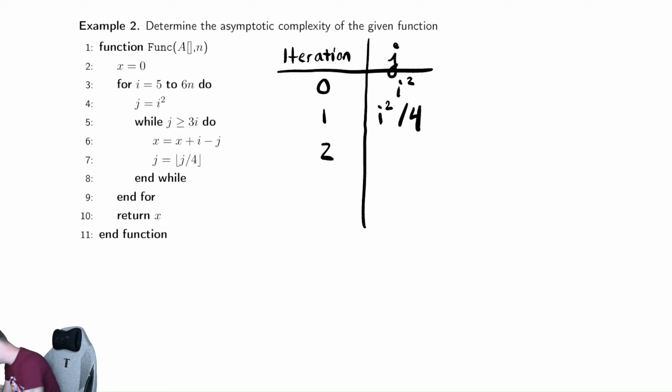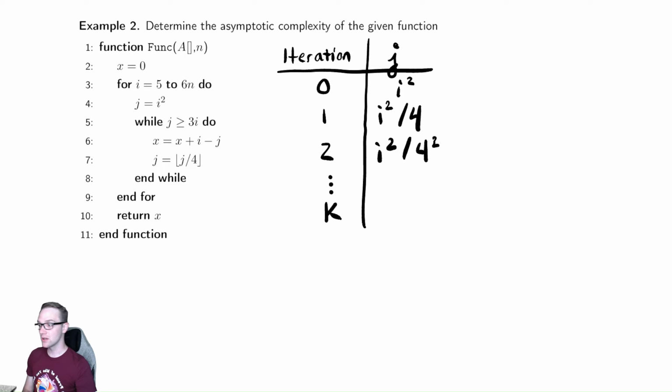What happens after the second iteration of the while loop finishes? Well, we will have divided by 4 again. So we take I squared divided by 4 and divide that by 4. So we get I squared divided by another copy of a 4, so 4 squared. And then, after some variable number of iterations, there's a pattern emerging here.